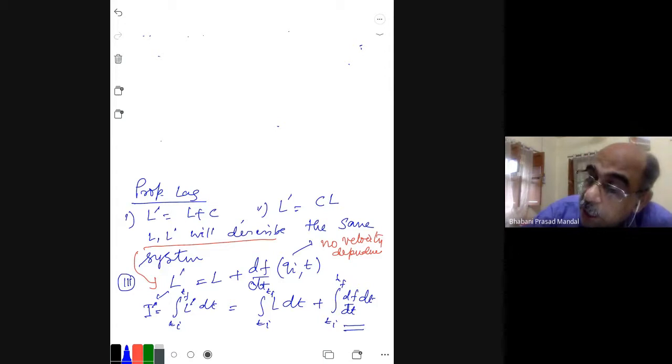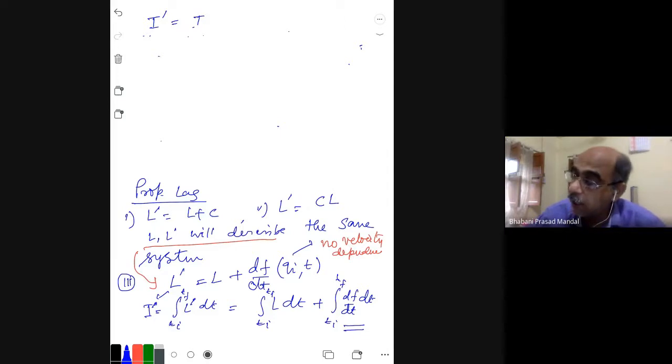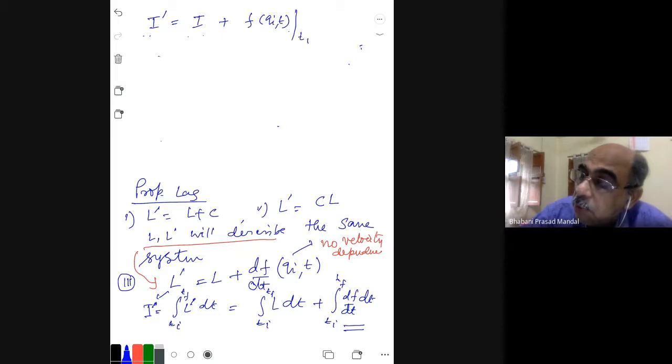So I can write now I prime is I, because I is the action for L, so this is the integral of L dt, plus this will be integrated df/dt dt. So it will be f(q_i, t), but you have to calculate between t initial and t final.